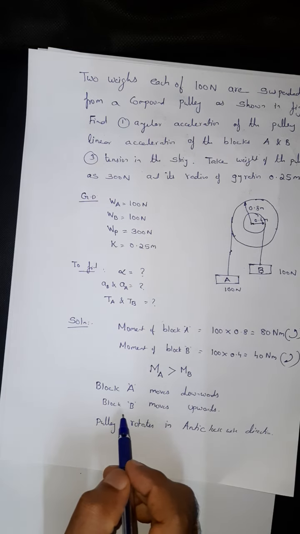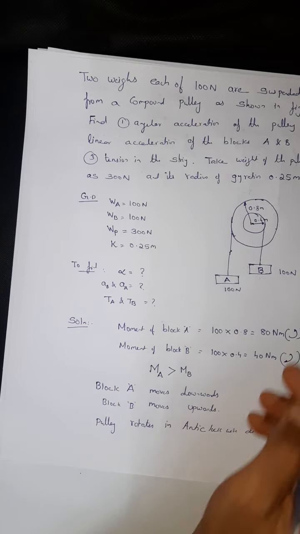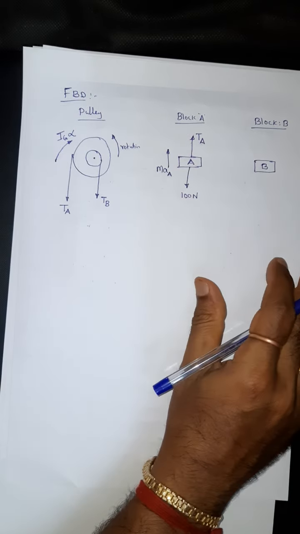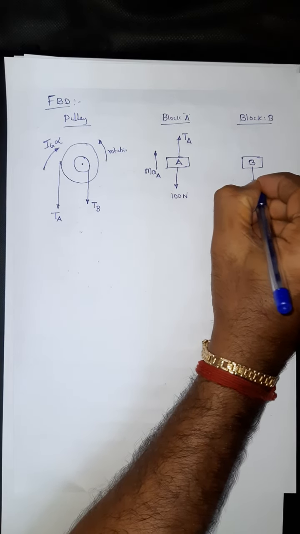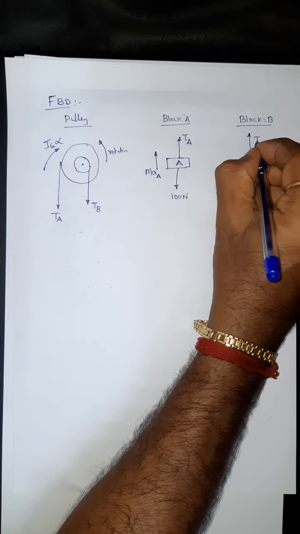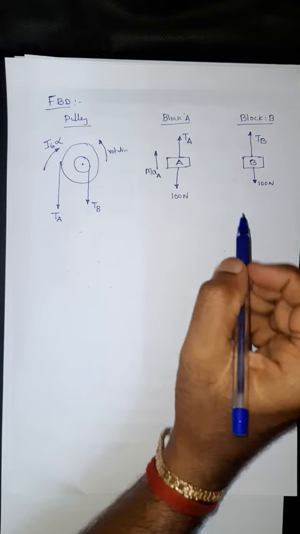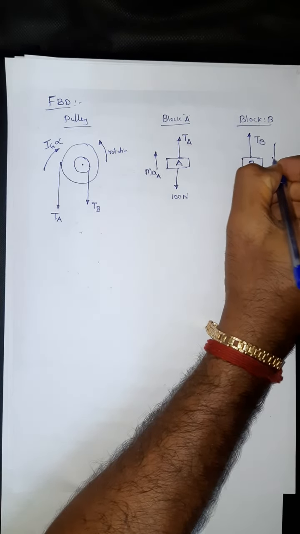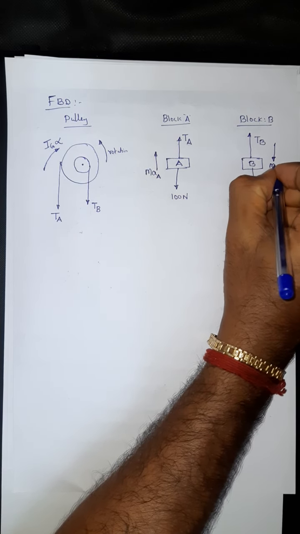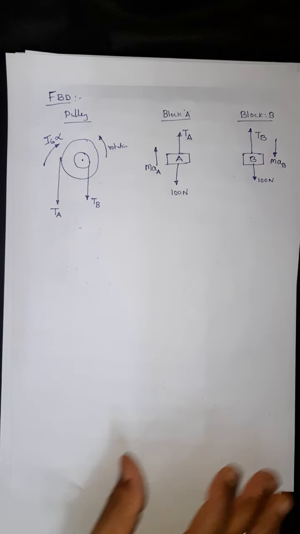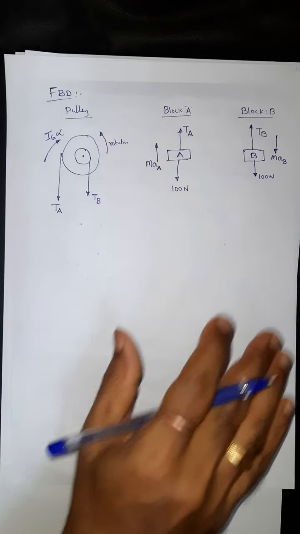And block B moves upwards, therefore its inertia force will be opposite to it. Its weight acts vertically downwards and its tension acts vertically upwards. Since the block is moving vertically upwards, its resistance, that is inertia force, would be opposite to it, which is MAB.